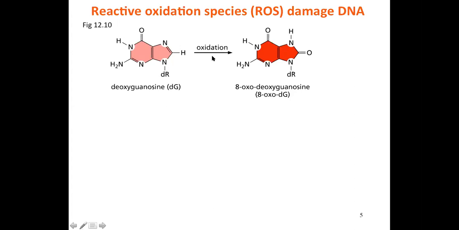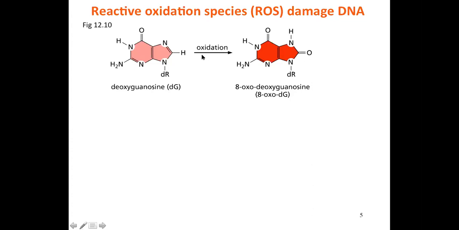So if this gets oxidized by one of these reactive oxidation species coming up and oxidizing it here, you can look at this and you might think, well, I don't see what the big deal is, because if these are the parts on the left here that form the proper bridge across from this G to the C on the other side, then who really cares if you have an oxygen on this side?